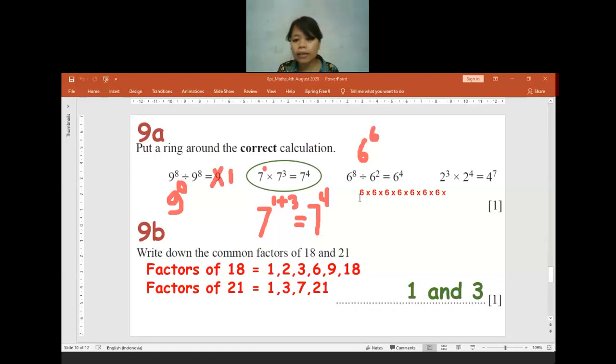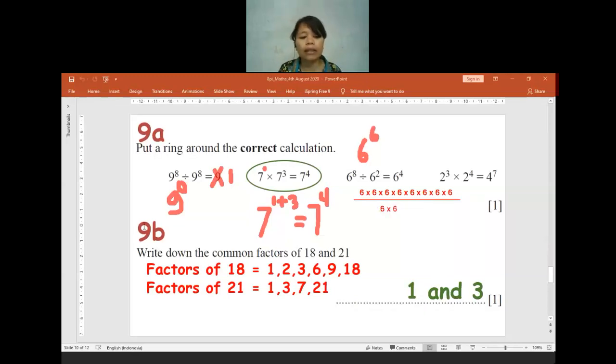There are 8 number of 6. We divide it with 6 to the power of 2. When it is divide, I can make it into a fraction. So now divide by 6 to the power of 2. It means there are 2 number of 6 that we need to multiply.